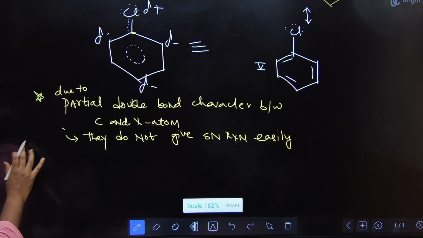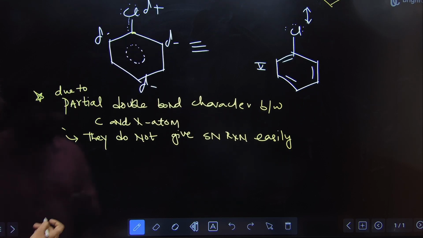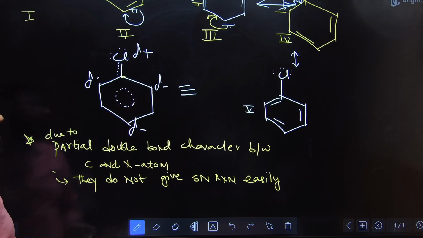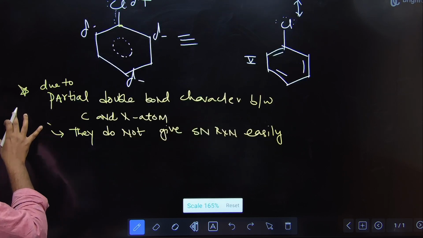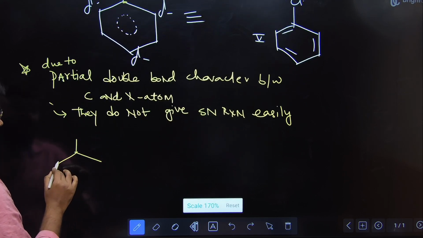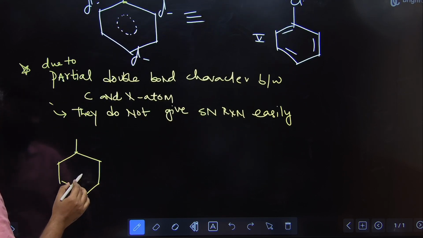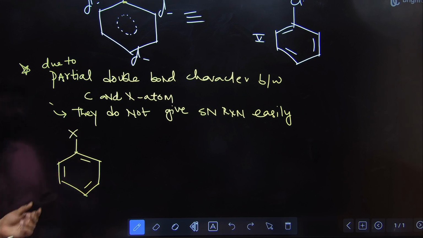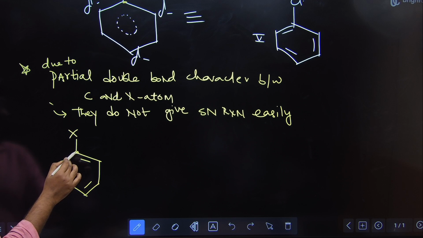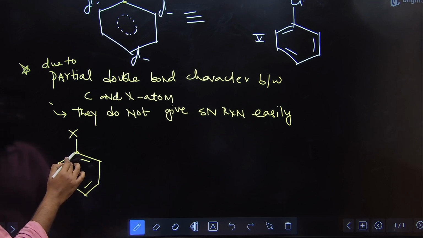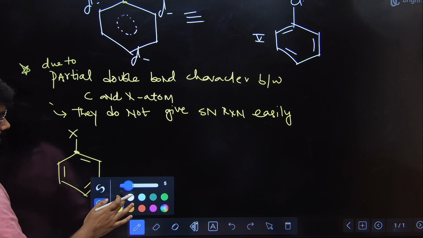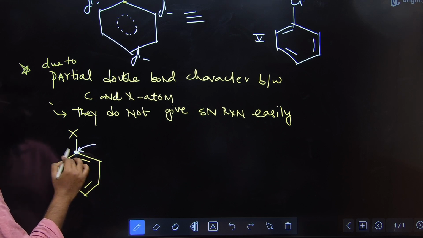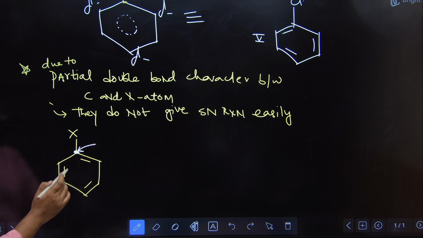There is one more reason which I have discussed in the previous class. What was that? If I draw the haloarene and you look at the structure, the carbon over here, what is the hybridization of this carbon?